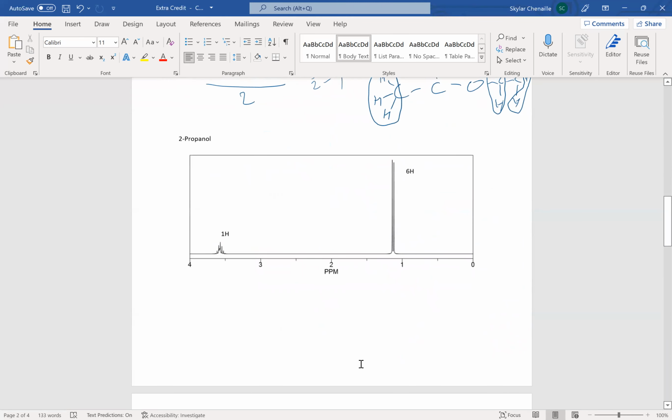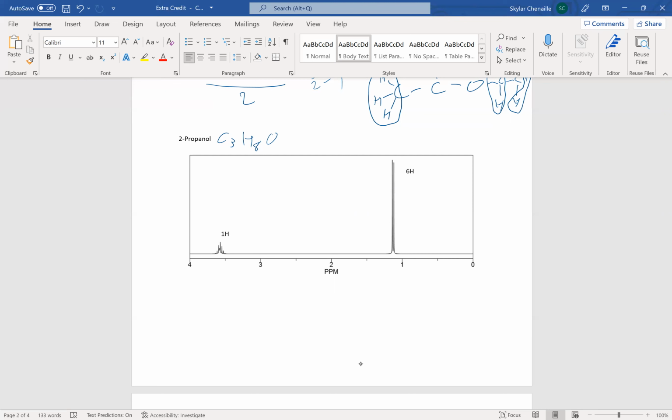Alrighty, now let's look at propanol. So 2-propanol is C3H8O. So let's start again how we did before with our IHD.